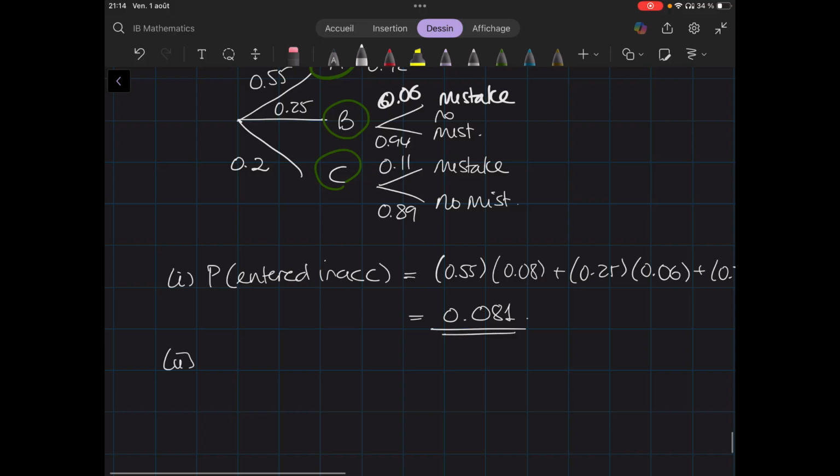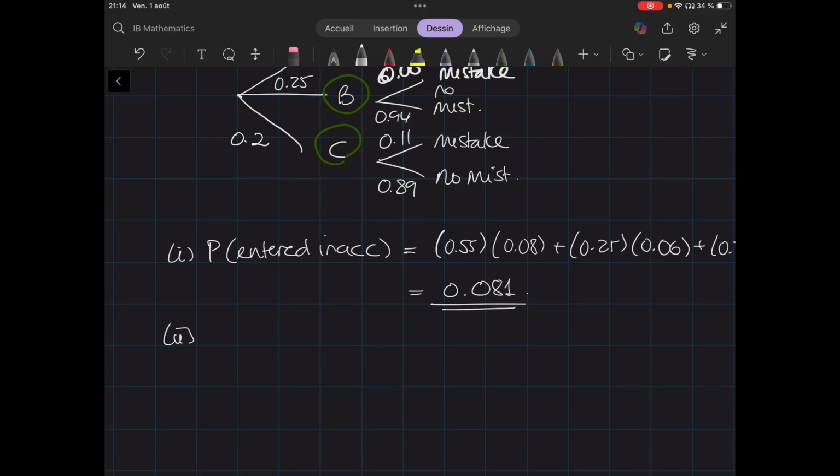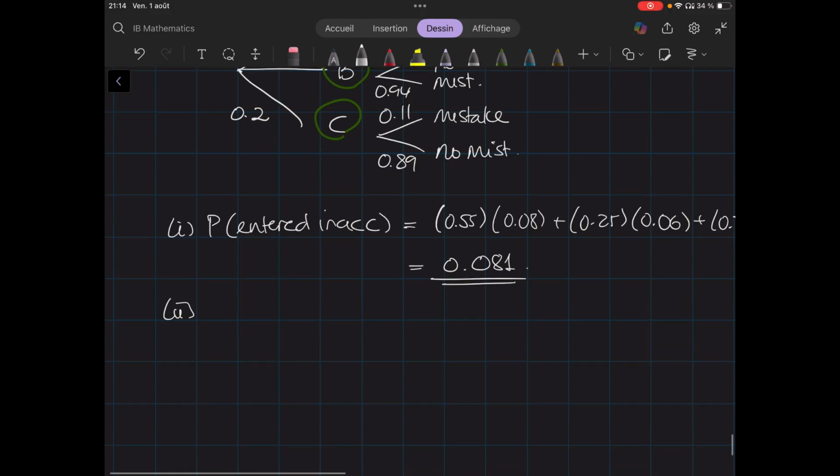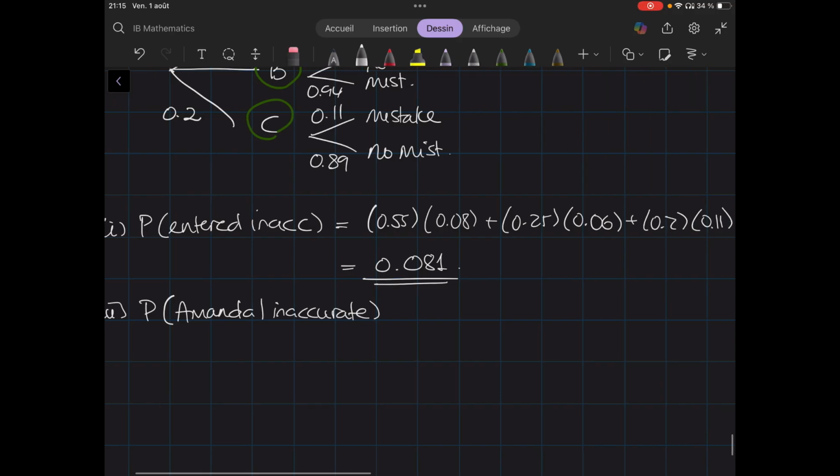B2. Find the probability that a randomly selected survey was entered by Amanda, given that the survey was entered inaccurately. So it is another conditional probability here. I do not know why they want to test this concept twice. But now it's P of Amanda given inaccurate. So how do we find this probability?